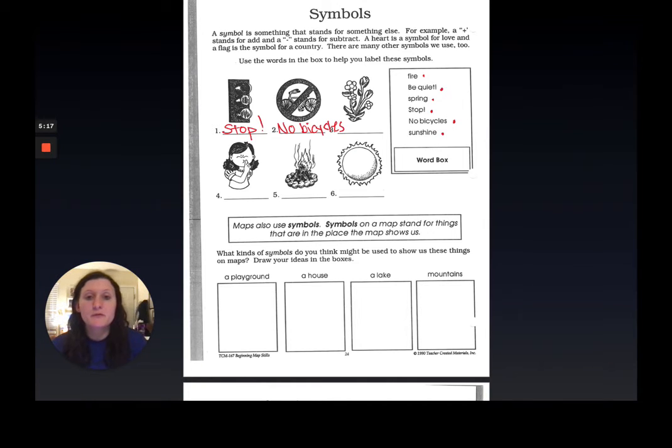All right, number 3, we see pictures of flowers, and normally we think of flowers being related to springtime. So for number 3, we will put spring in there. Number 4, you probably see this at school a lot. Maybe your parents also use it, but usually when we put a finger to our mouth, we usually say shh, which means be quiet.